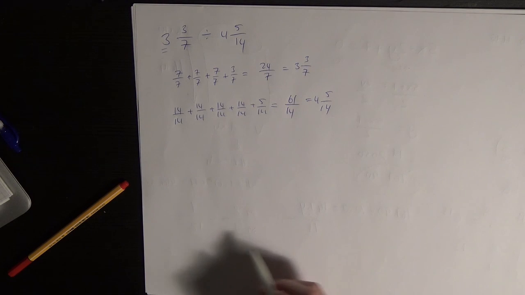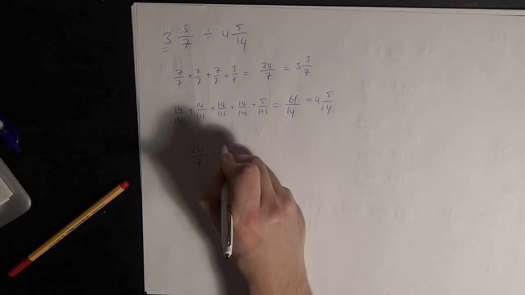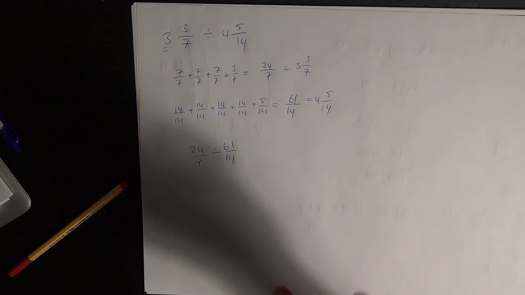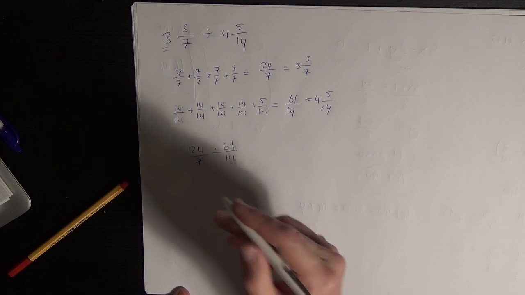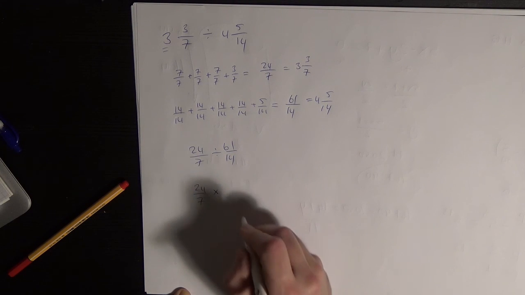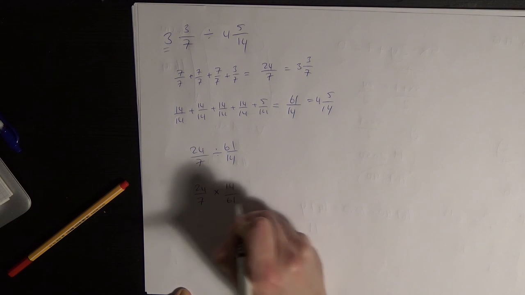Now you can do this: 24 over 7 divided by 61 over 14. Now, as you know, in the division we turn it upside down, so we can do 24 over 7 times upside down, right? 14 over 61.